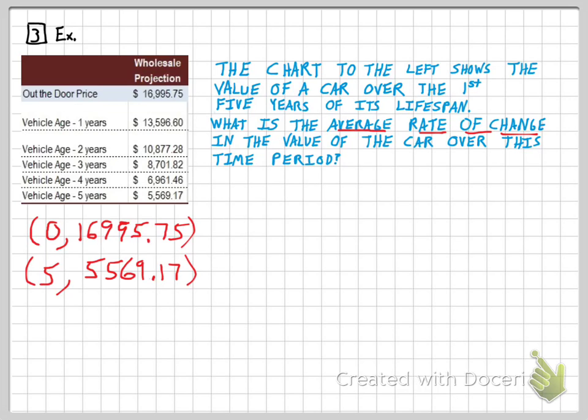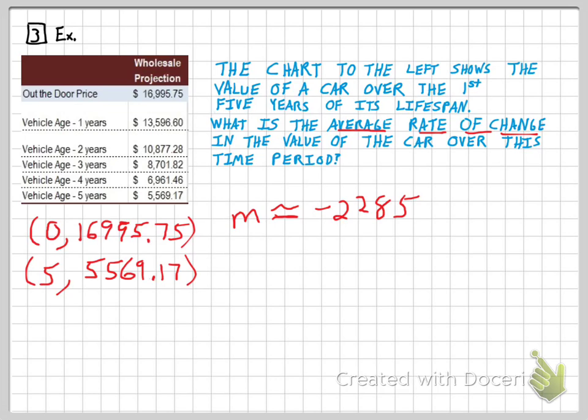Okay, once again, I'm just going to do a slope formula, and I'm going to go straight to the answer here because I think you guys can figure this out. But we actually get an answer of negative 2,285. So I rounded that a little bit, but that's our answer.